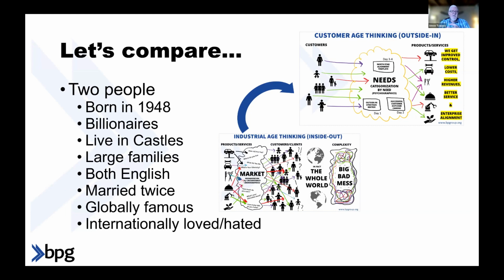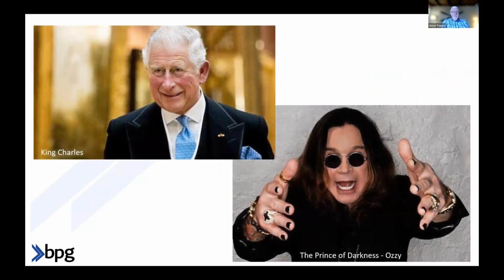It's about understanding that what might have worked in the past through customer segmentation isn't working now. The reason is that these two people, though they share the same demographic profile, definitely don't share the same sets of needs. Because if we look at who they are, one is now the King of England, King Charles, and the other is the Prince of Darkness, Ozzy Osbourne, of Black Sabbath.